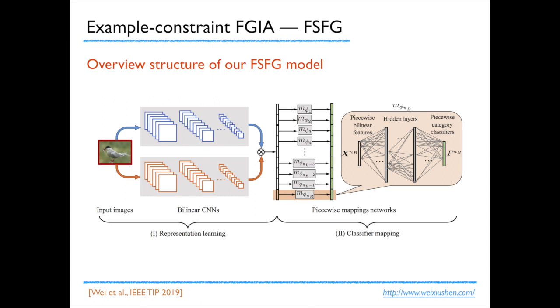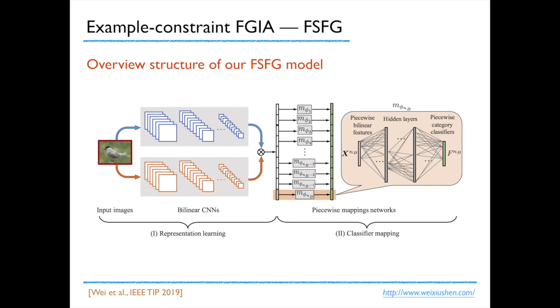This is the overall structure of our proposed few-shot fine-grained model. On the left is the first component, in which we build the representation learning module based on the bilinear pooling method. On the right, the second component is a classifier mapping module, which is a key novelty of our method.